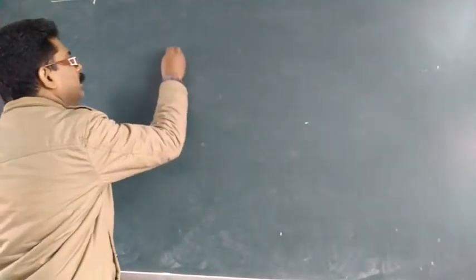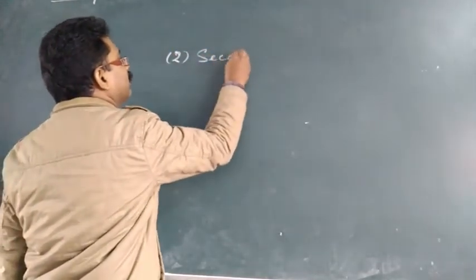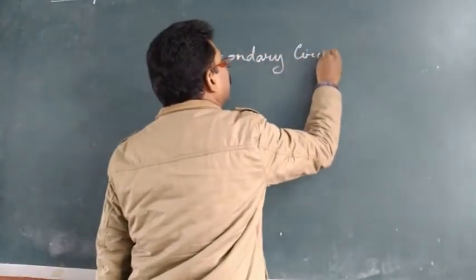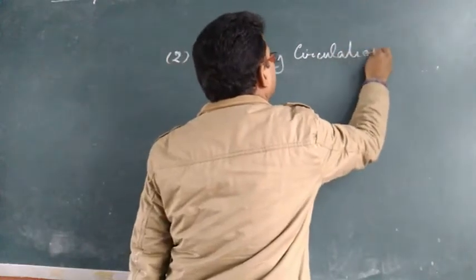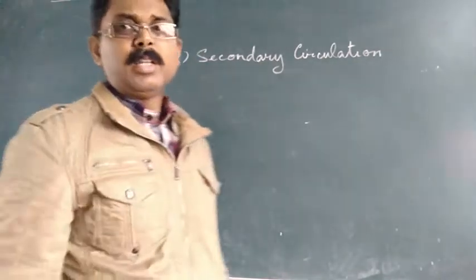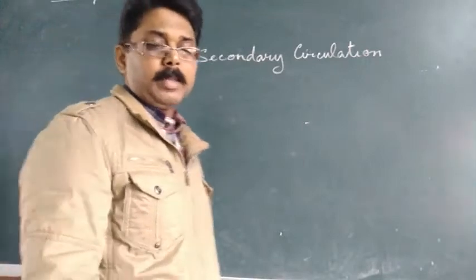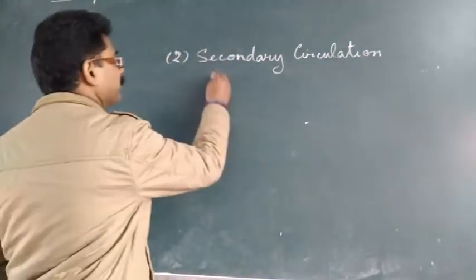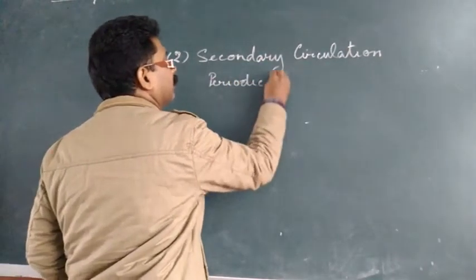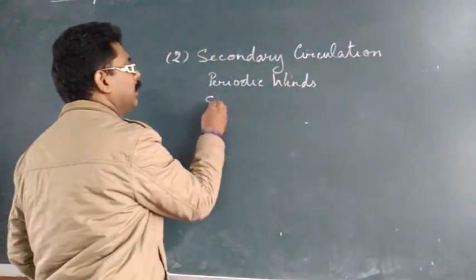Now second is the secondary circulation. In secondary circulation, the winds which are kept in this circulation are the periodic winds and seasonal winds.